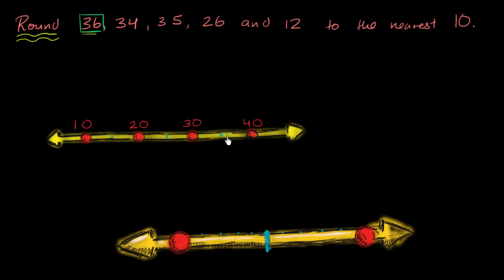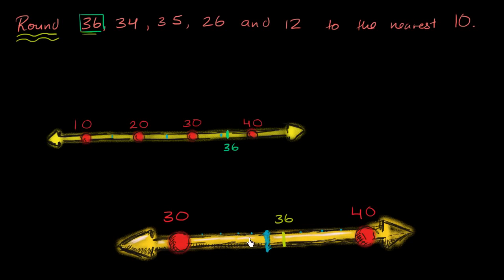So 36 is going to be a little higher than that, right over here. And if we zoom in between 30 and 40, where's 36 going to be? Once again, this is 35, and 36 is one notch above that. So 36 is going to be right over here.